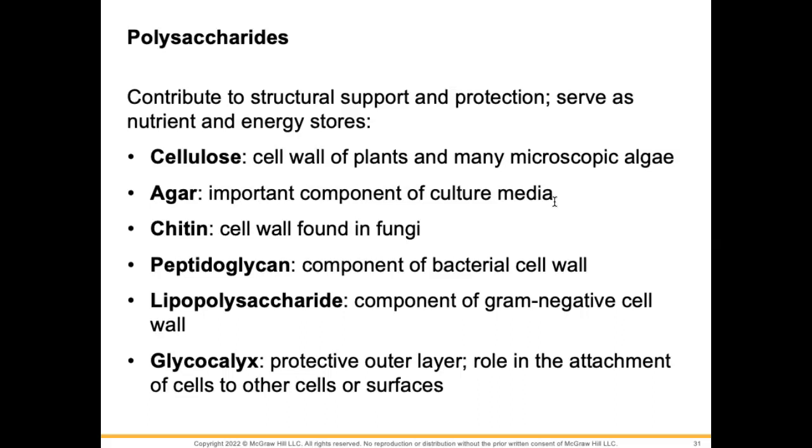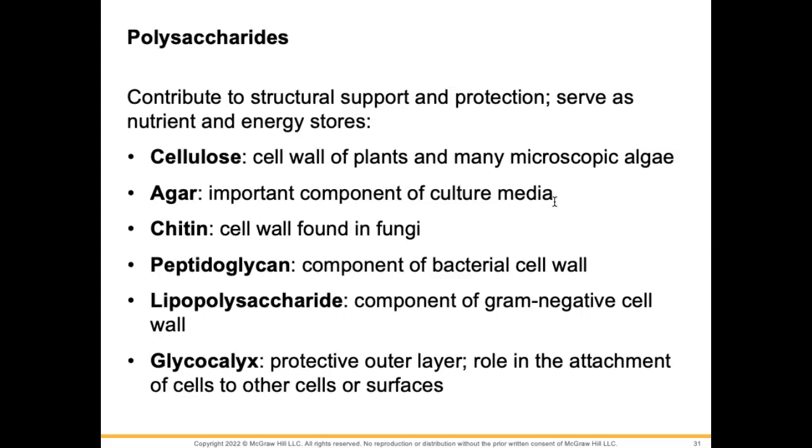The glycocalyx, you should have heard about glycocalyx in AMP1. It is a sugary kind of polysaccharide layer. In bacteria, it's a protective outer layer, and it plays an important role in the attachment of cells to other cells or surfaces. So it's like the glue on the outside of a cell.